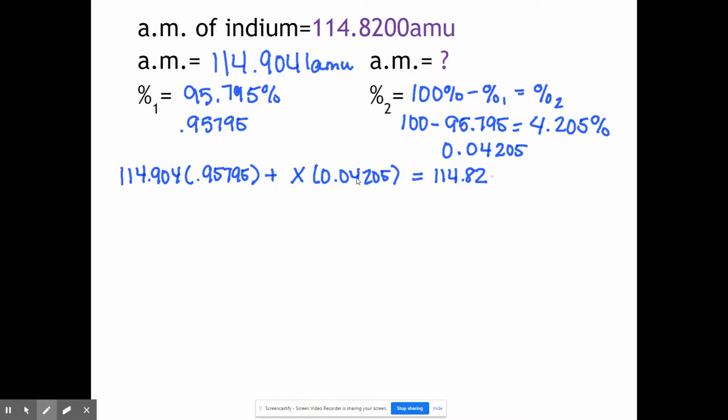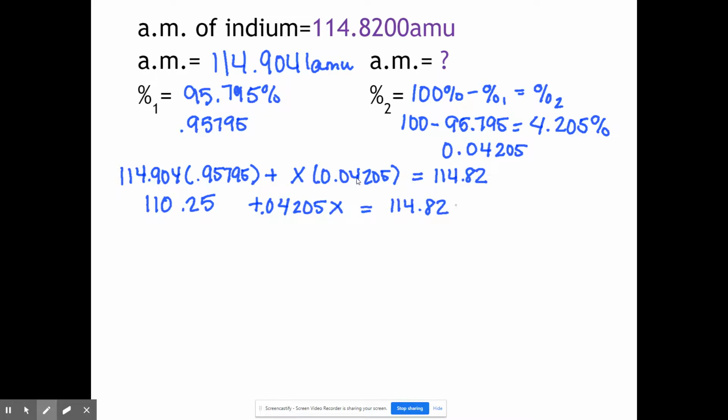All right, here we go. Now it's an algebra problem. We're solving for X. So first I'm going to take 114.904, multiply it by that percent decimal, 0.95795. That's going to give me 110.25 plus 0.04205 X equals 114.82.